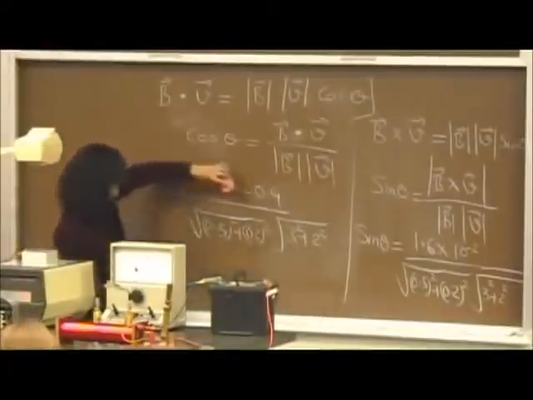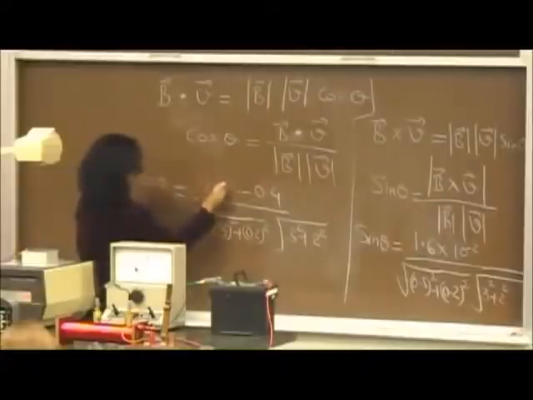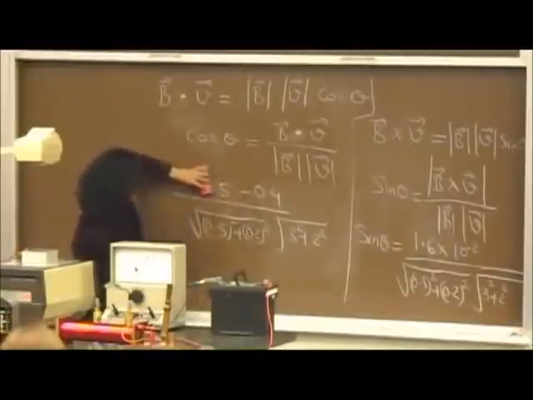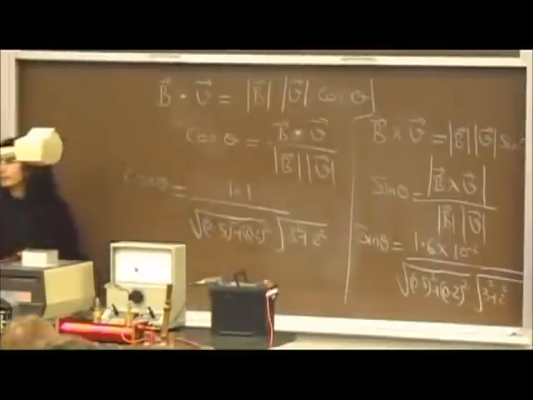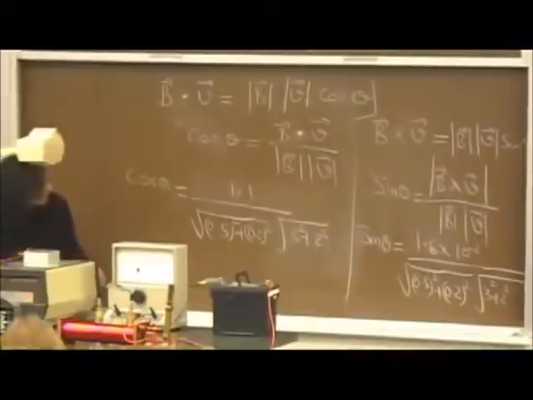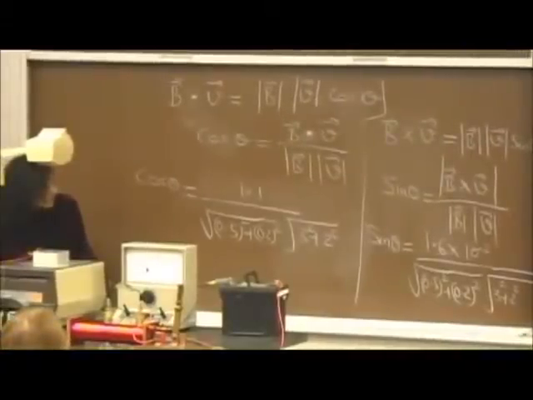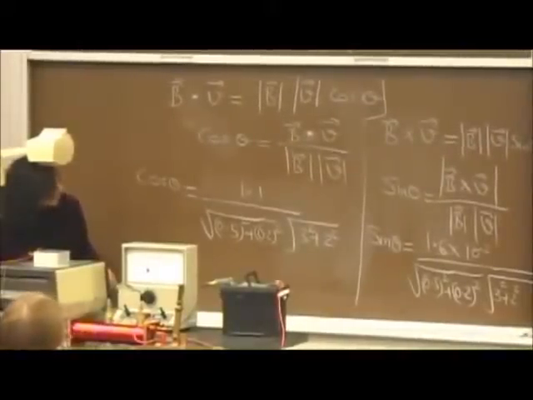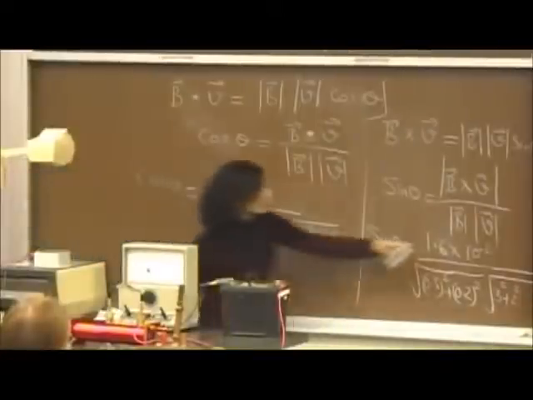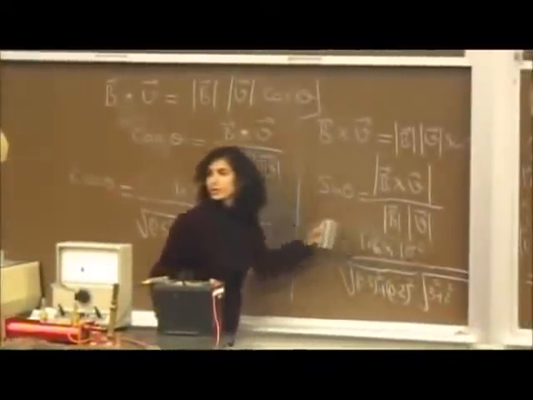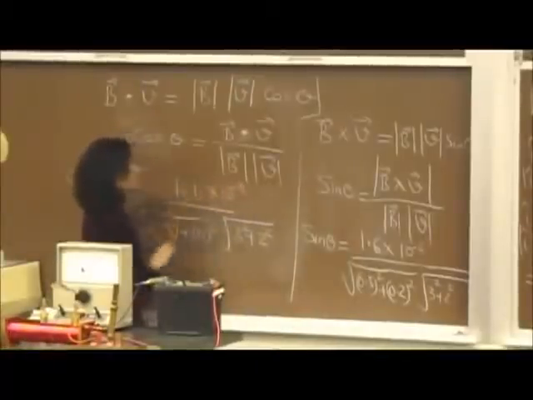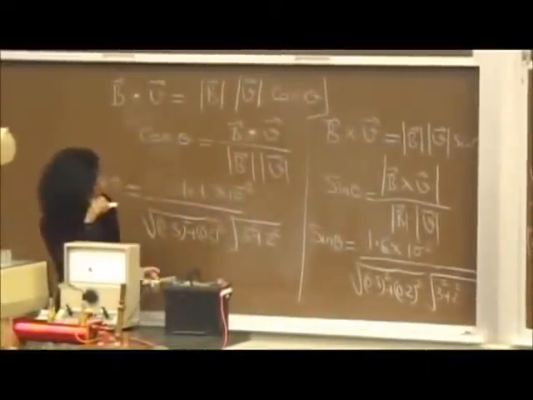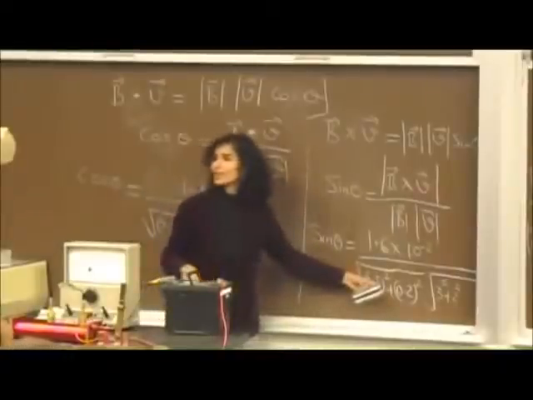So this is 1.5 minus 0.4, which is 1.1. Isn't it? Okay, by the way, one good way to check whether we have messed up something or not. By the way, didn't I also miss this 10 power minus 2 here? Yeah, I did miss that 10 power minus 2. There is a 10 power minus 2 here. And didn't I also miss that 10 power minus 2 here in the denominator?